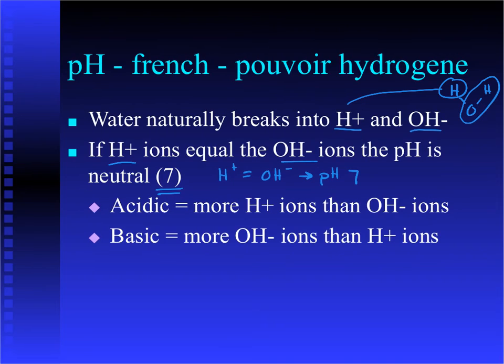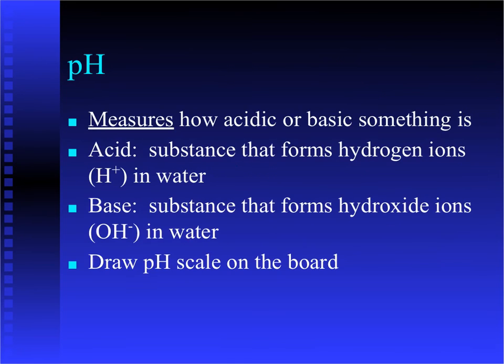If something is acidic or an acid, that means it has more hydrogen ions. And if something is basic, it has more hydroxide ions or negative ions. So pH then measures how acidic or basic something is.